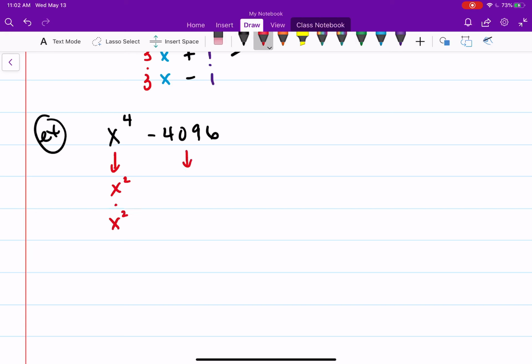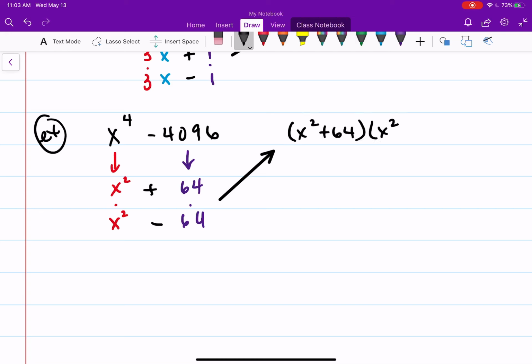And when you take the square root of 4096, you will get 64. So 64 times 64 would give you 4096. So 1 plus, 1 minus. So like, ooh, that's pretty easy. So you go, okay, I have x squared plus 64 and x squared minus 64. Whew, that was pretty quick.